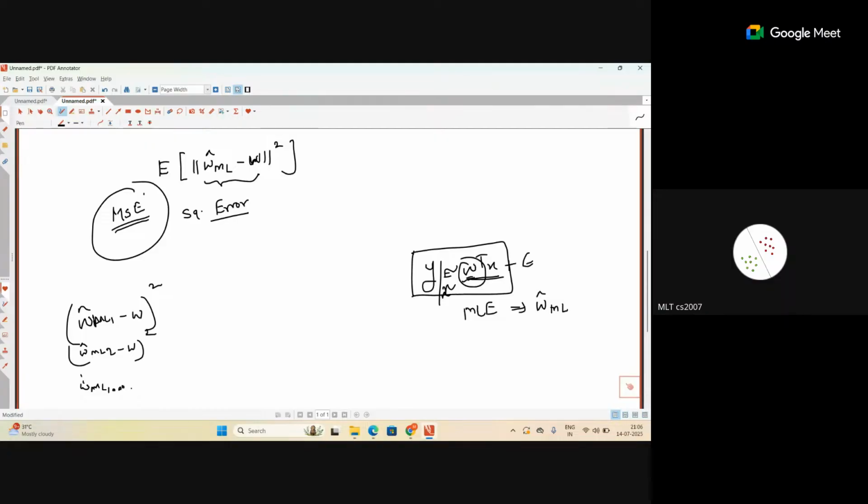So for 1000, this will be your one vector. This is called the squared error between the actual W and the W hat ML which you have found. Now I am saying find its expectation. So what will be the expectation of this?